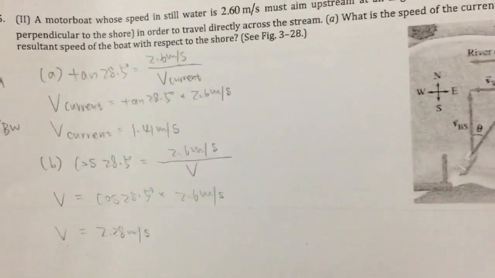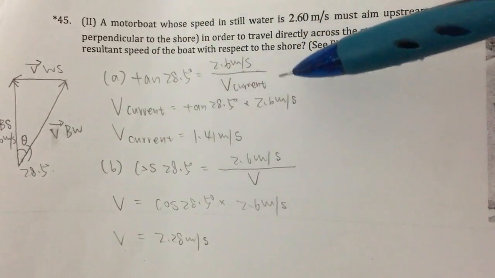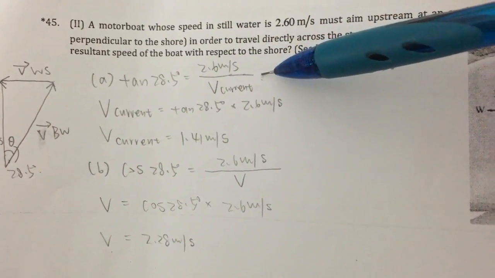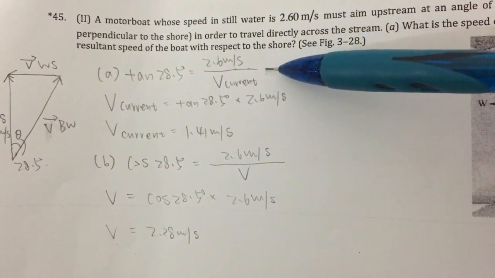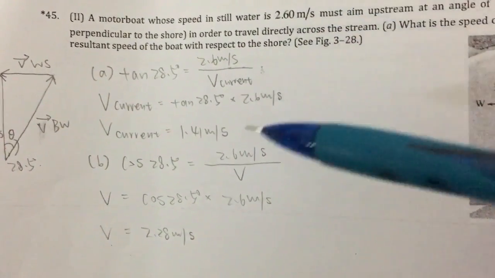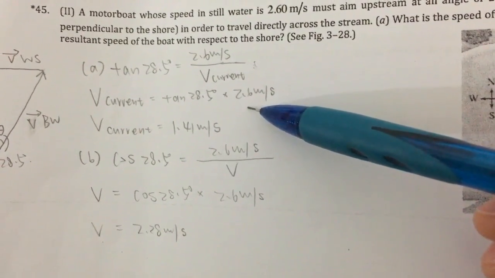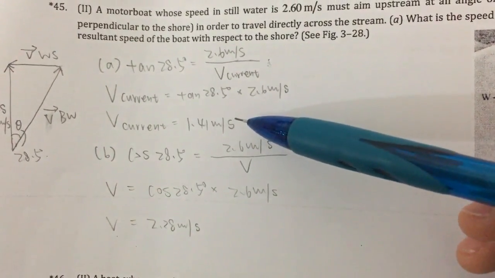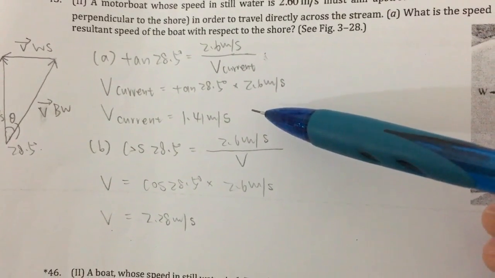So we can know this formula, and then we can calculate that the speed of the current is tangent 28.5 degrees times 2.6 meters per second. So the answer for the first question is 1.41 meters per second.